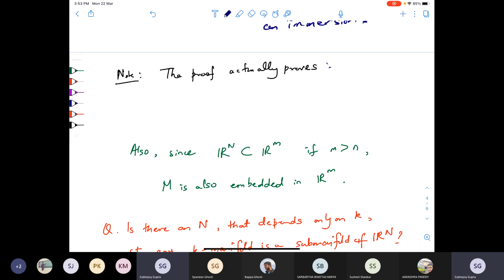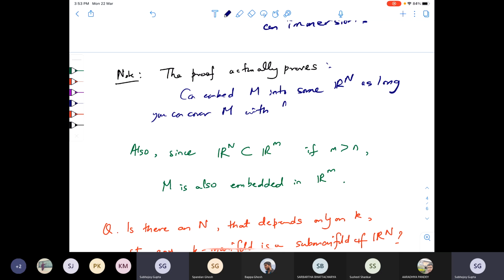It proves that you can embed M into some Rn as long as, so it could be non-compact, but as long as you can cover M with finitely many charts.